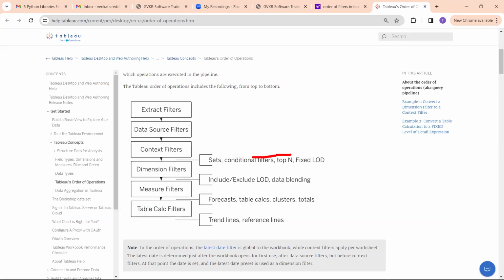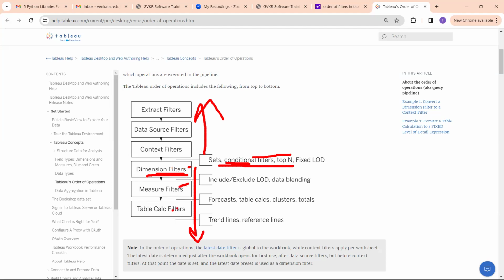Condition and top option do not depend upon the dimension filters. If you see this order, the condition option and top option will depend upon the above filters only, not on the below filters. Because the dimension filters are just below these options, these will not depend upon the dimension filters and measure filters.